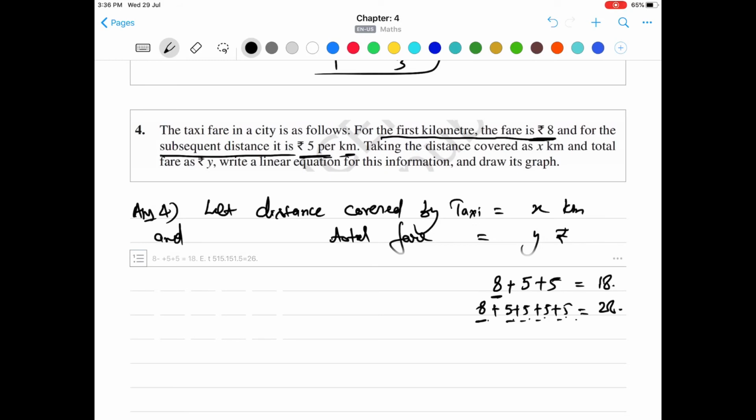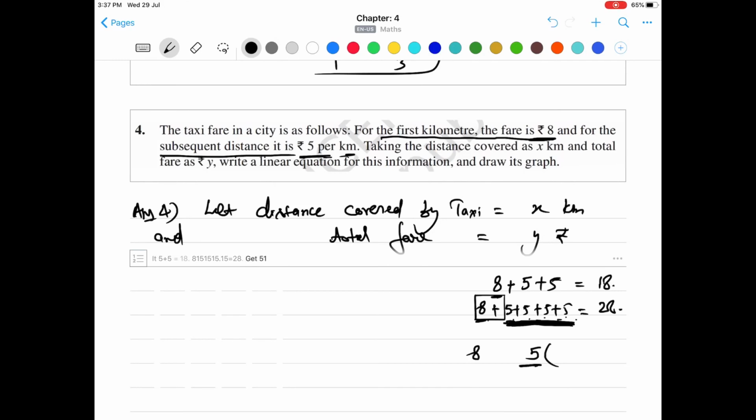So from here we can conclude that the fare for the first kilometer is fixed, which is 8 rupees. The fare of each subsequent kilometer is also fixed, which is 5 rupees. Suppose that person travels 5 kilometers: for the first kilometer the rate is fixed at 8 rupees, and the remaining 4 kilometers he will go at the rate of 5 rupees.